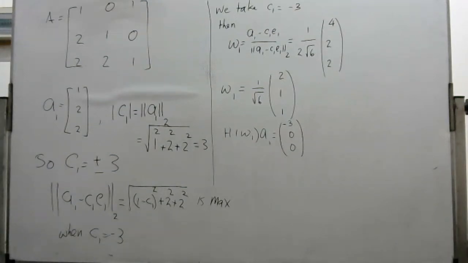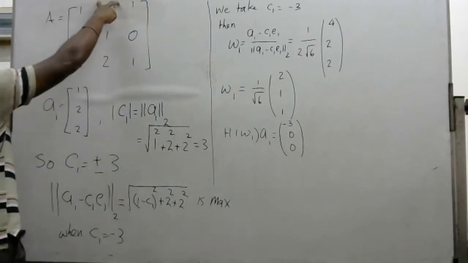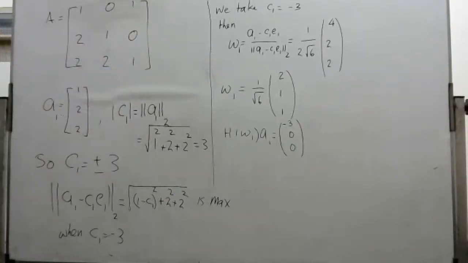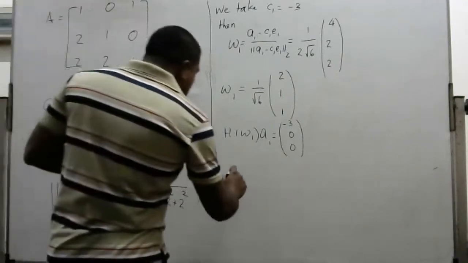But when you multiply H omega with A, the following columns A2 and A3 are also converted into new columns, so you have to do the computation again.